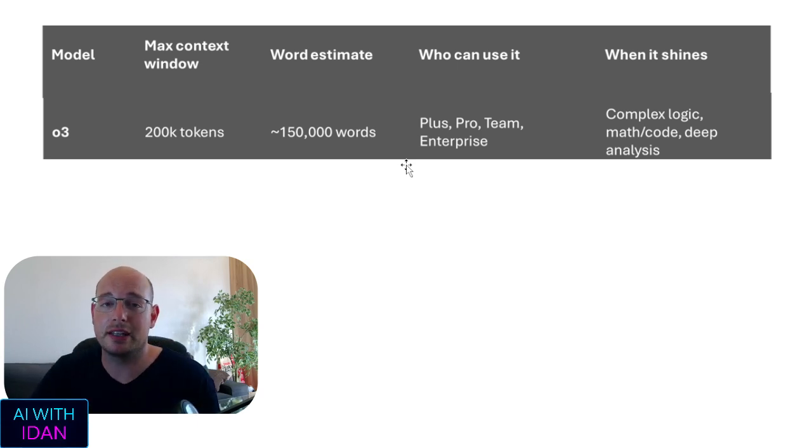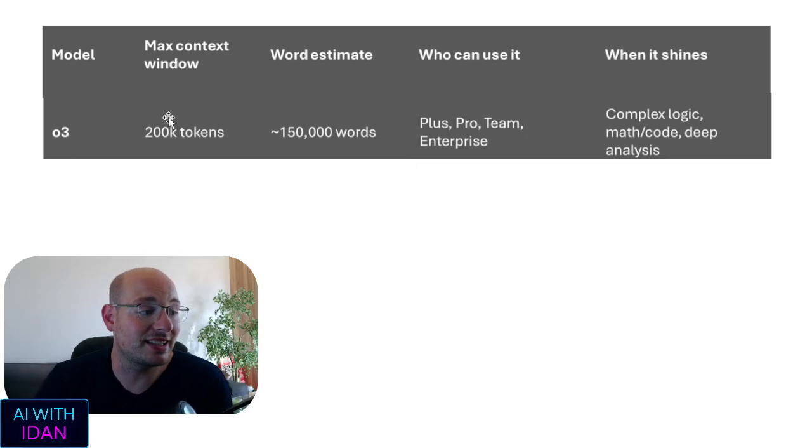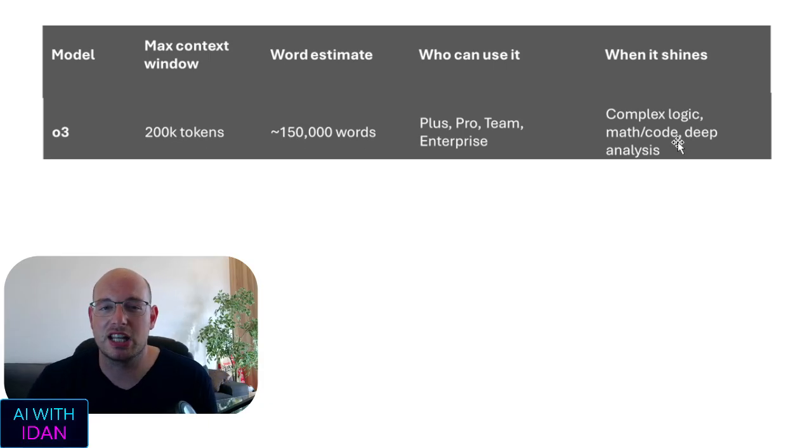Reasoning is thinking. The model thinks before it answers you. The o3 is only for paid subscriptions. It has a bigger context window, 150,000 words. It can handle complex logic, math, deep analysis.